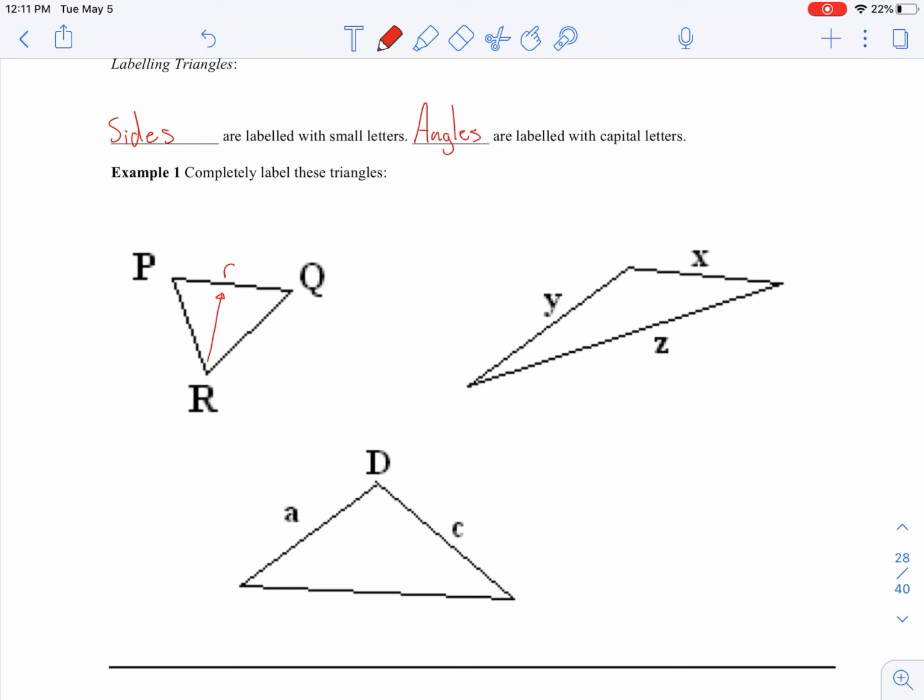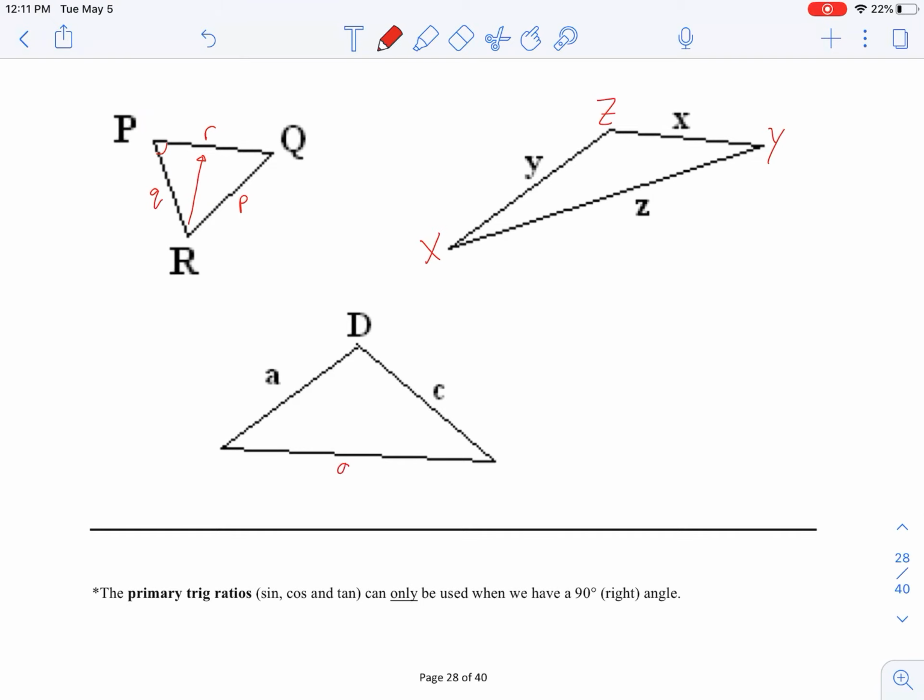So across from Q will be small q, side length q, and across from angle P will be small p, side length p. A little bit of practice here, obviously capital Z, capital Y across from y, and capital X across from x. And a little bit more practice, side length, small letter, angle, capital letter there.